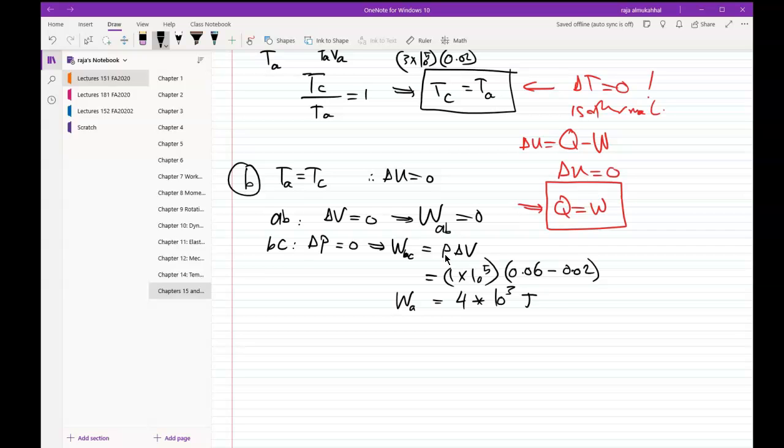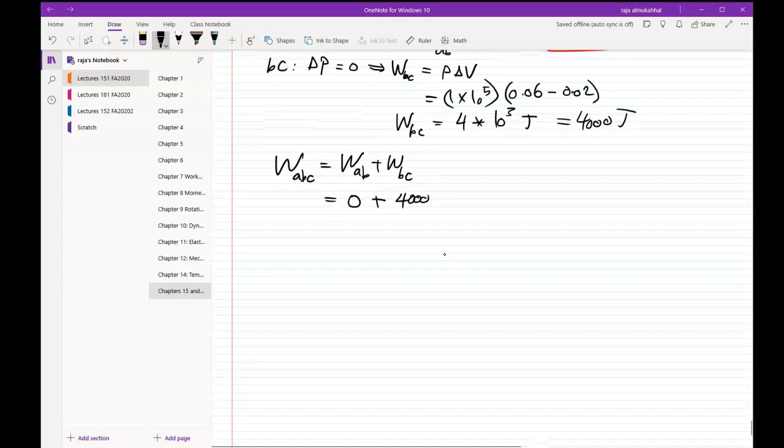So therefore, the work ABC, which is the work from A to B plus the work from B to C, is 0 plus 4,000. This is 4,000 right here, guys, right?